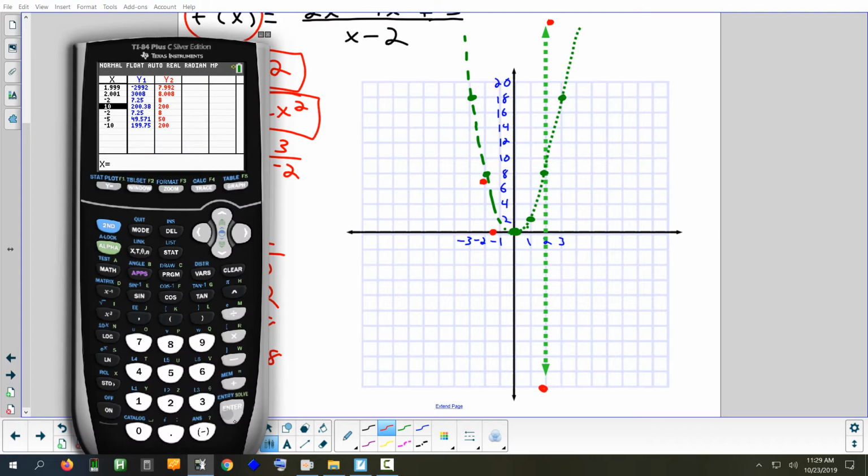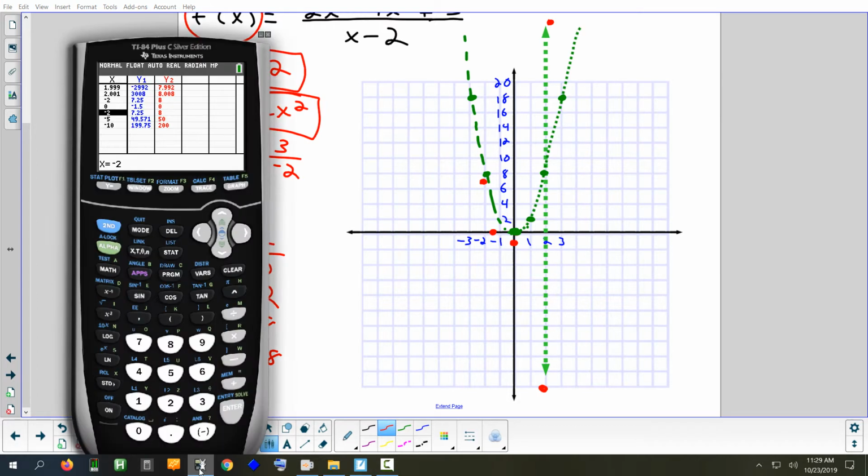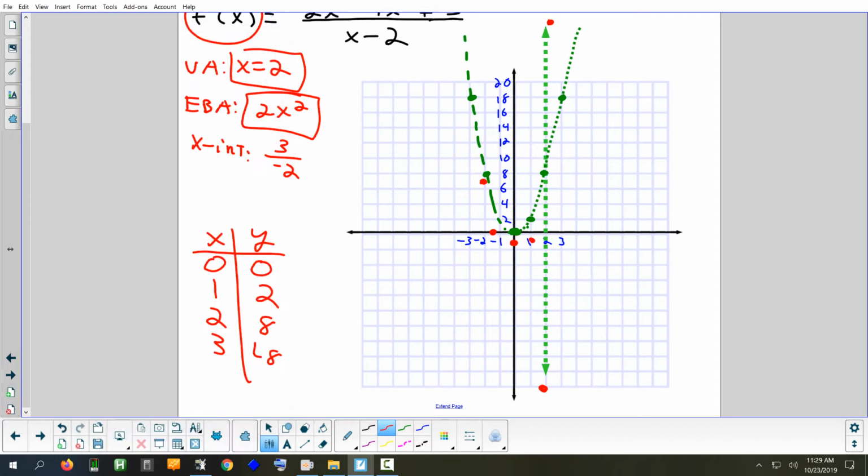I think 0 might be a good one. 0, negative 1.5. So let's see, we're going by 2s. So negative 1.5 is like right there. Let's also do 1. 1, negative 1. Remember, I'm going by 2, so it's halfway.